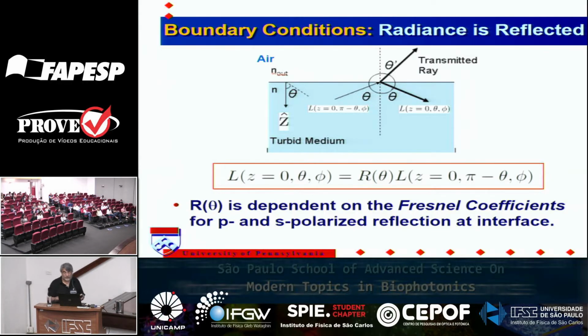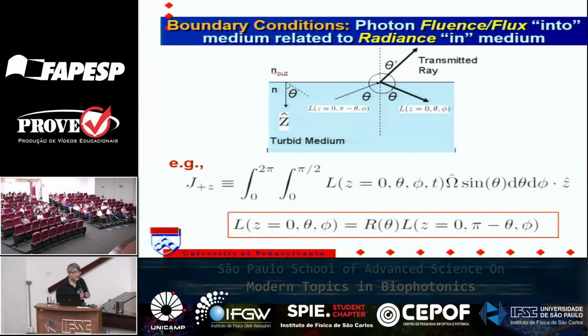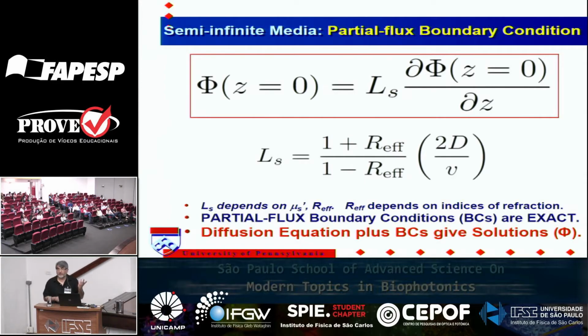And then, for example, if I wanted to figure out the current, the flux going back into the medium in the plus z direction, I can figure it out using the fluence that's in this medium, the radiance that's in this medium, and this relationship. I can solve that. And what you find when you do that exercise is that you get a well-defined boundary condition. It's called a partial flux boundary condition that relates the fluence at this position of the boundary to the gradient of the fluence at the boundary.